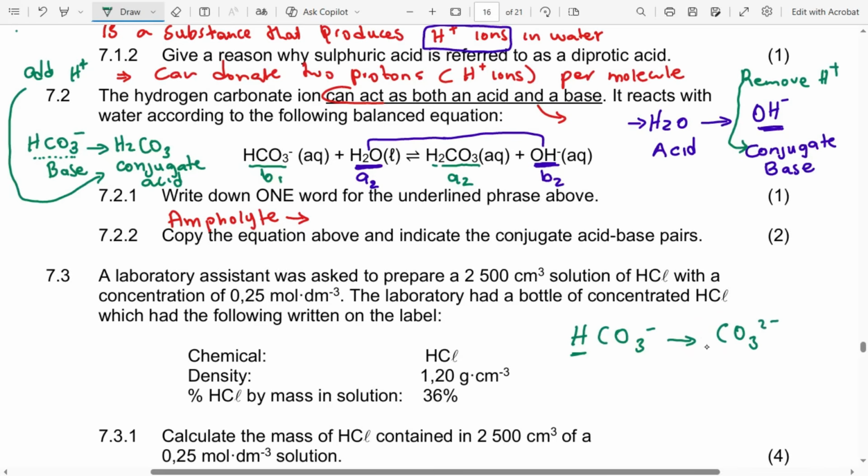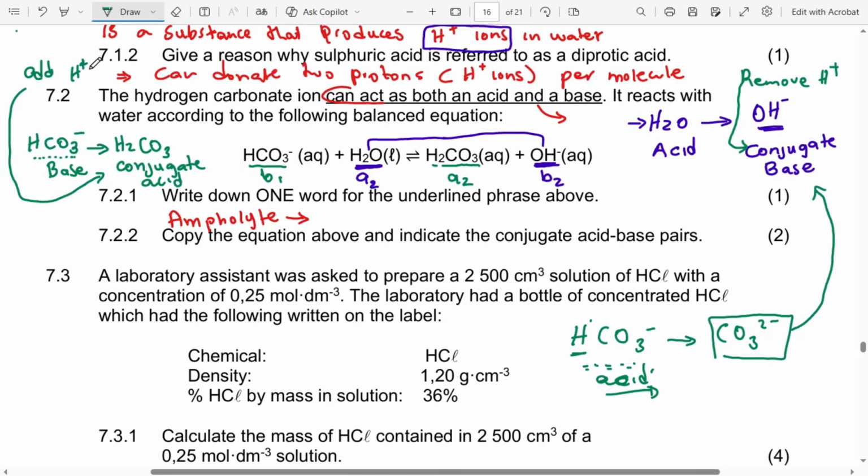Where is the H? Gone. So whenever you remove the H, the new product you get is the conjugate base. This one gave away the H, so it becomes the acid, because an acid is a proton donor. I hope this makes sense.